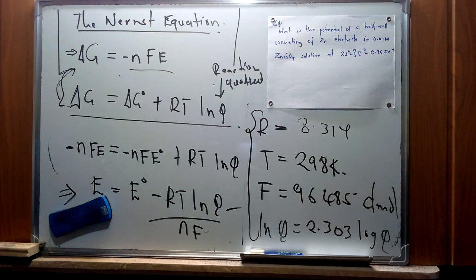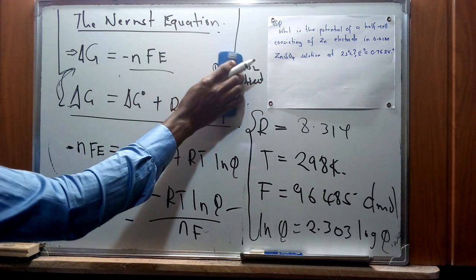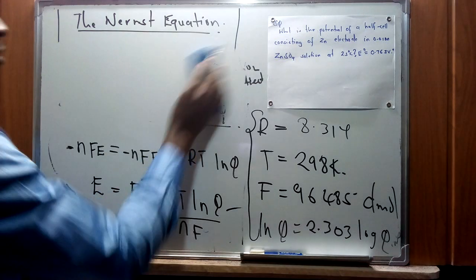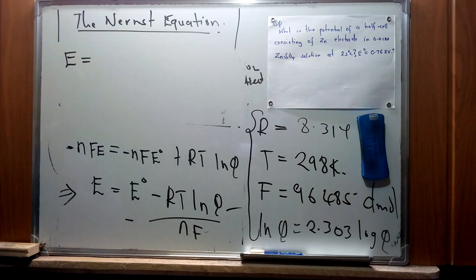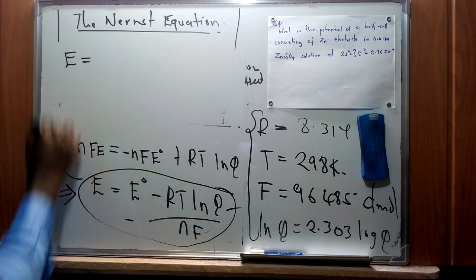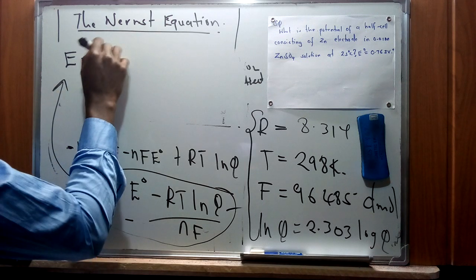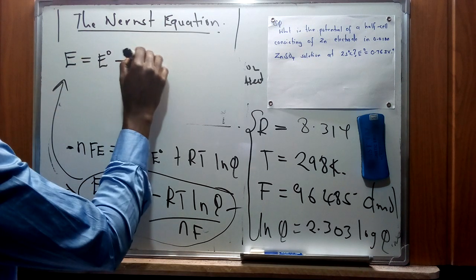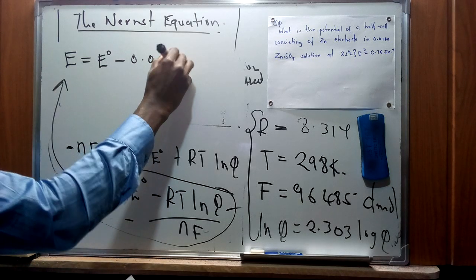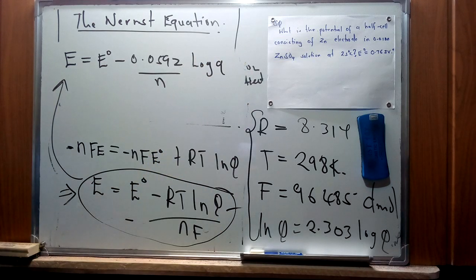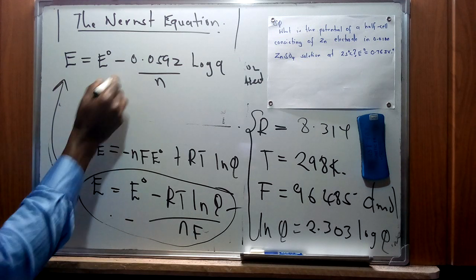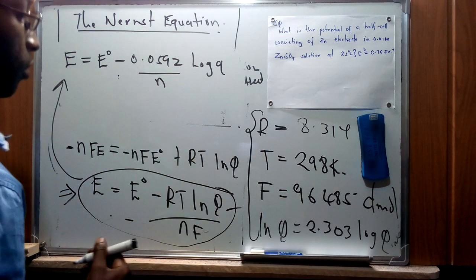So considering this condition at room temperature, the Nernst equation is going to reduce to a form that appears like this. E equals E standard minus 0.0592 over n log of Q. So this basically is the equation that we refer to as Nernst's equation, this one and this one, but this one is under the room temperature conditions that we have stated.